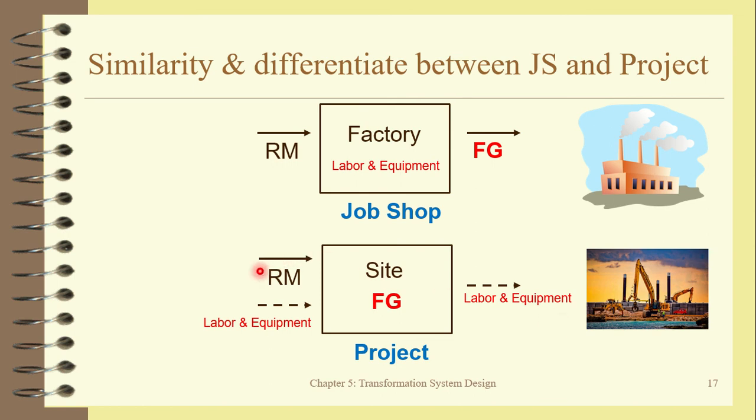But the raw material moves into the construction site, and once the project is complete, the raw material remains in the construction site or in the finished project. So please remember these two pictures because they are going to appear in your midterm exam as well.